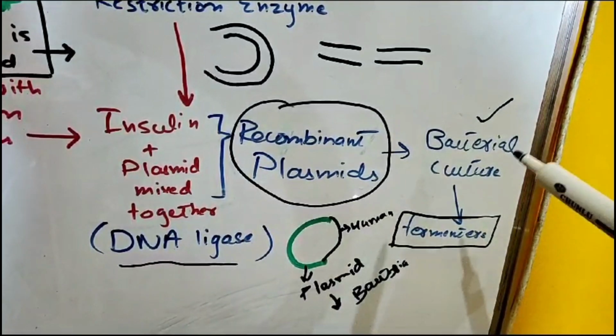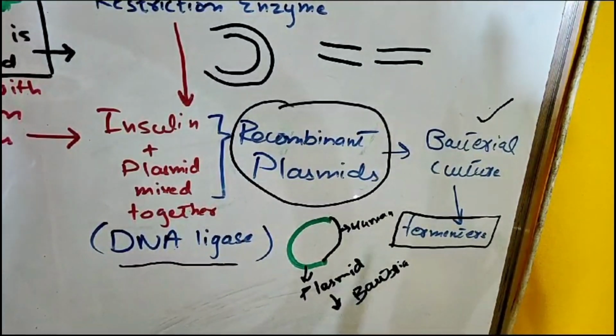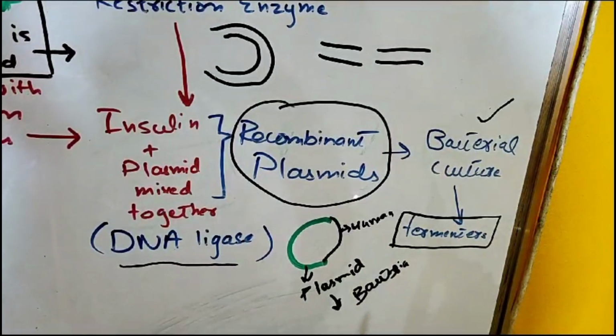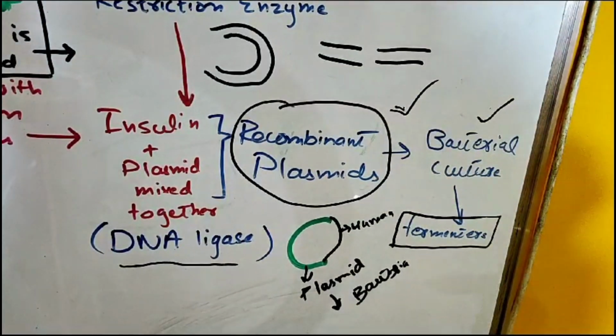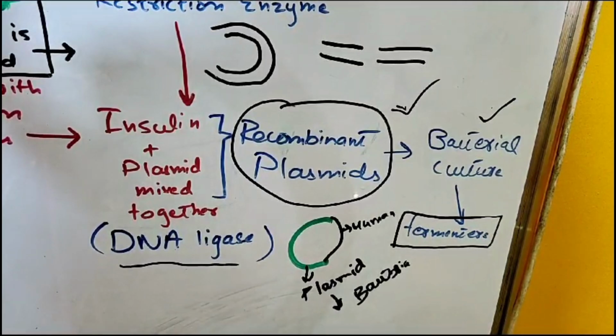It has an accurate pH level, the required temperature, oxygen supply, nutrients, and all the sugars which the bacteria need. So, this is how genetic engineering is done, and this is how insulin is produced with the help of genetic engineering.